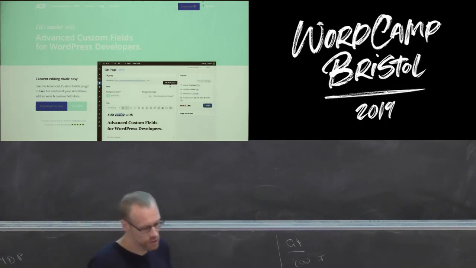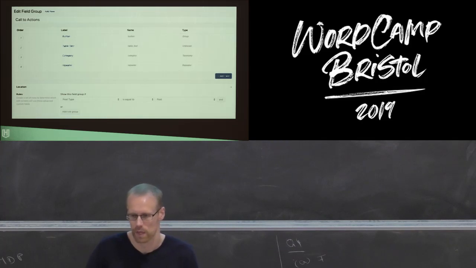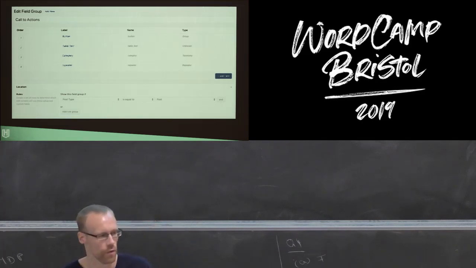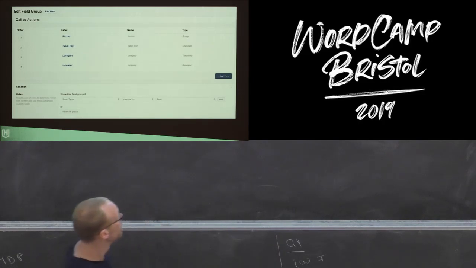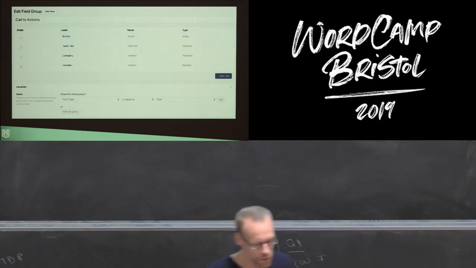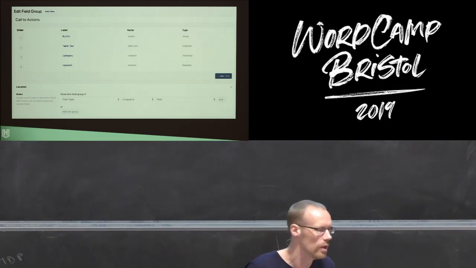Now, I wanted to give you a quick recap for those that already use it, and maybe a quick intro for those that don't, about how you go about using this particular plugin to build fields. So this is one of the screens in the Advanced Custom Fields plugin in WordPress, and basically what happens is you create a field group and then you put fields into that group. So let's imagine that we're creating a testimonial.